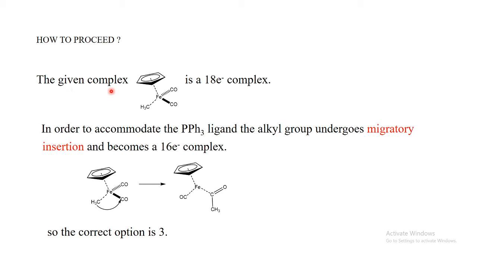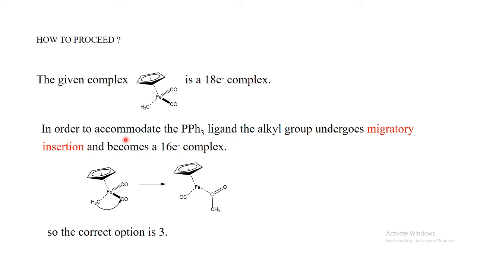So the given complex is this. We have the iron metal center, we have a cyclopentadienyl ligand, a methyl ligand and 2 carbonyl ligands attached to the metal center. So the total electron count for this organometallic compound is 18.